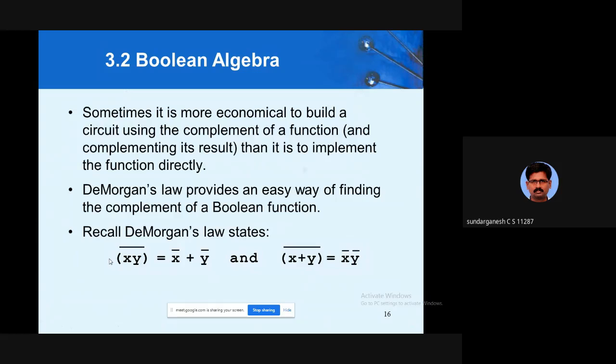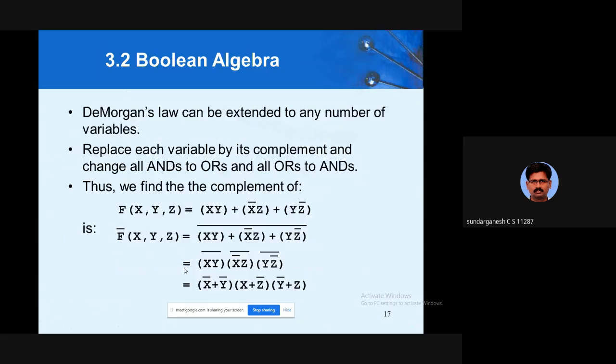Similarly, (x plus y) whole bar equal to x bar into y bar. So De Morgan's law can be extended to any number of variables. It is not needed to be only 2 variables or 3 variables. It can go up to 6 variables. People are putting this up to 8 variables.